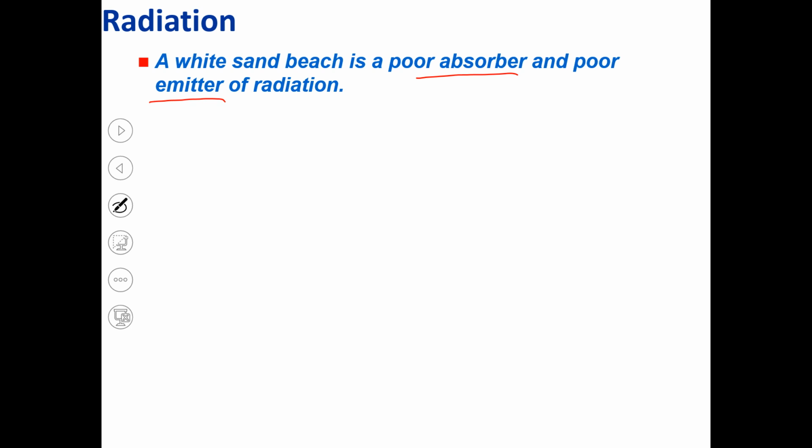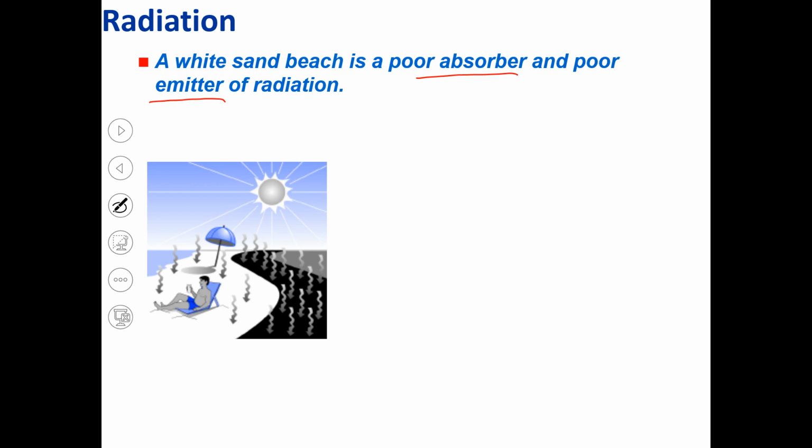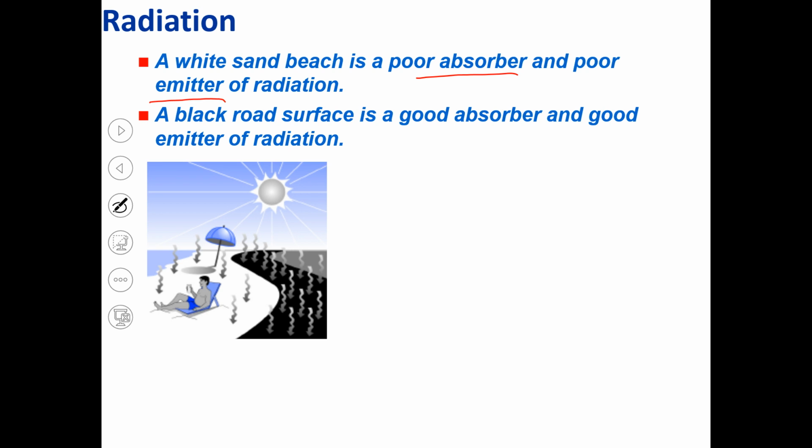Emitter means the electrode in a transistor where electrons originate, or look like sand. For example, when you are sitting on the beach at the seaside, the color is important for absorbing and emitting.